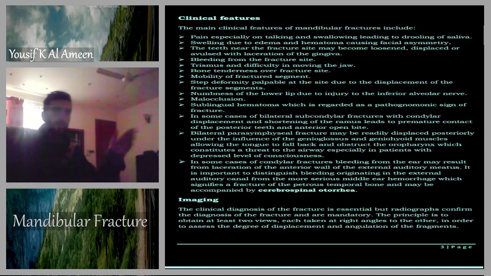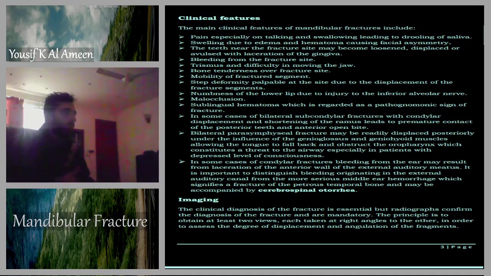Next point, in some cases of condylar fractures, bleeding from the ear may result from laceration of the anterior wall of the external auditory meatus.